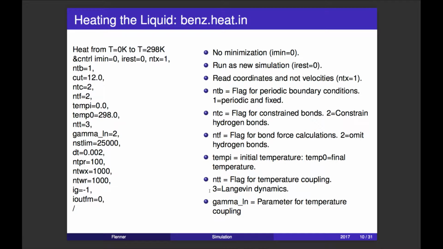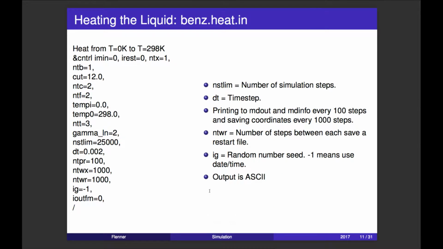There's also different thermostats that people use. For some reason, I chose the Langevin one this time. And so when you do that, you have to give it a gamma, which is a parameter for the temperature coupling. And then NT is the number of simulation steps. DT is once again a time step.